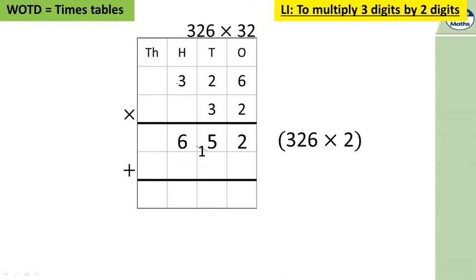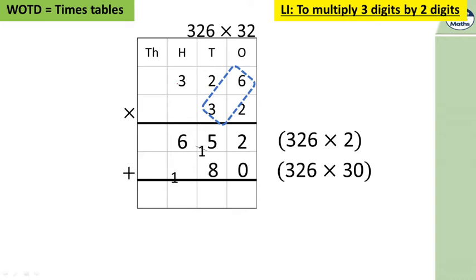Right, so we're moving on to our tens column. So we need to put our placeholder into our ones column before we move on to 3 times 6. 3 times 6 is 18, so we put our 8 in, and we exchange our 1 over, because the maximum you can have in a place value column is 9.